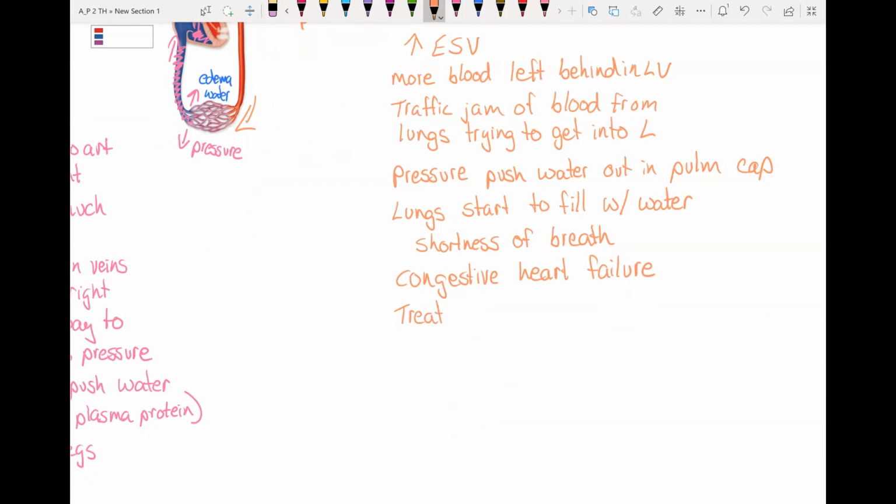So the treatment for this is with diuretics. Like you may have heard of Lasix. Lasix is a diuretic. It makes you urinate more so that you're pulling that water out.